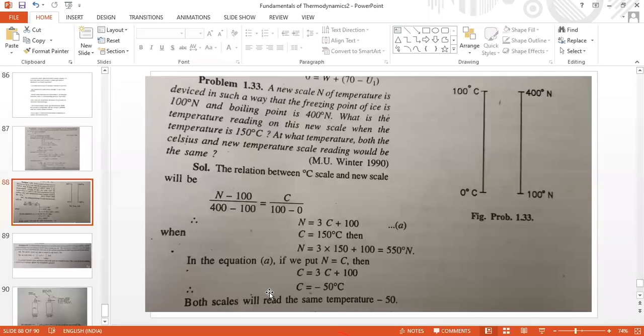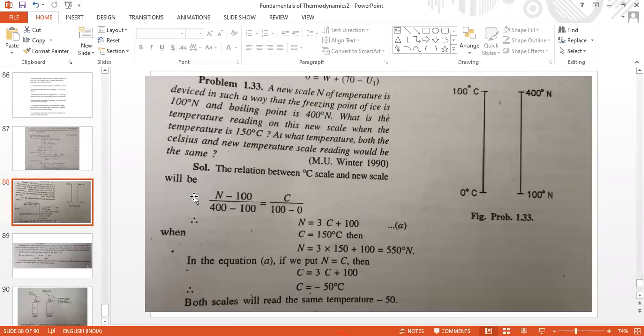Then the C value would be minus 50 degrees centigrade. That means both scales will read the same, minus 50, at minus 50 degrees centigrade. In this way, the establishing of new scales or secret scales can be done.